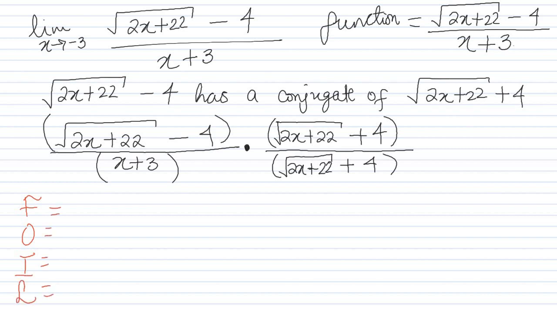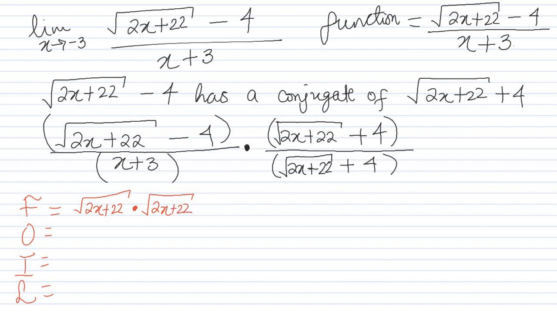So the firsts: the first terms of both sides of what we're multiplying. We have the square root of 2x plus 22, and also the square root of 2x plus 22, so we're going to multiply that first.